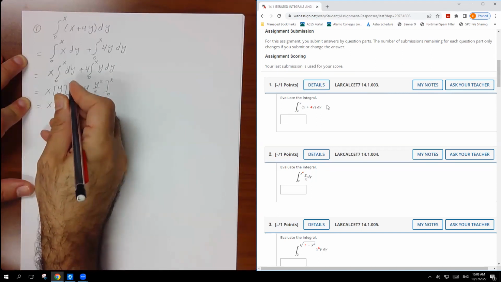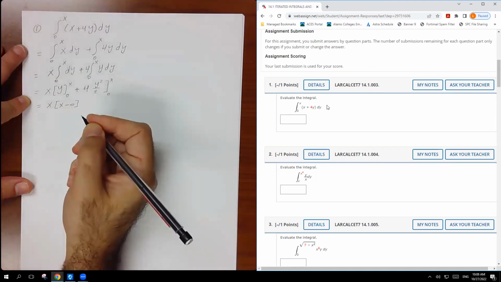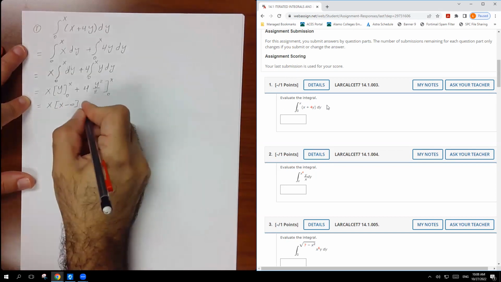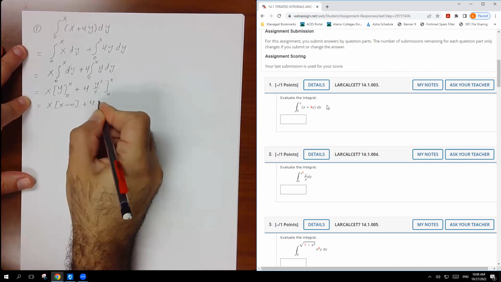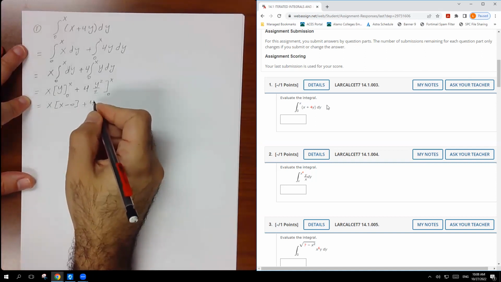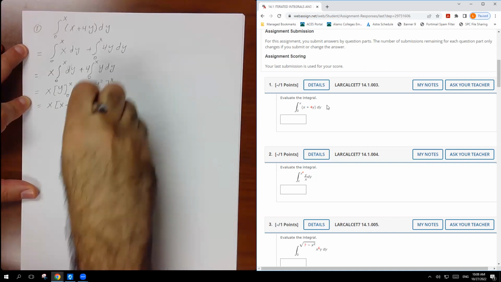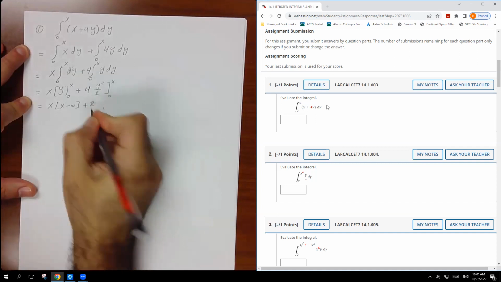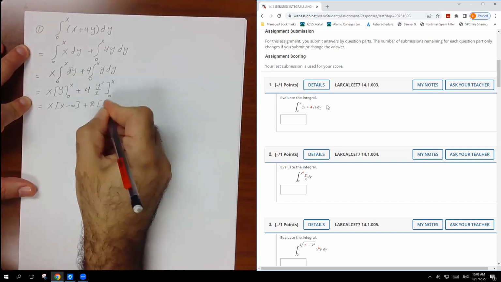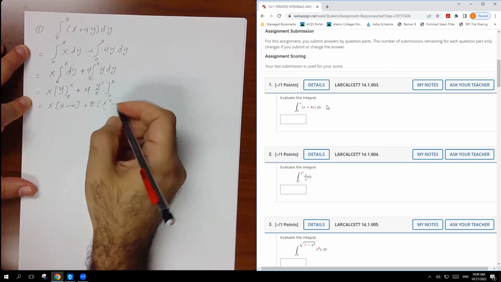And this one is going to be x. We're going to plug in now x minus 0, and here is going to be plus the 4. You can simplify it, 2 with the 4, so it's going to be 2y squared. It's going to be the same thing, plug in, this one is going to be x squared plus 0.